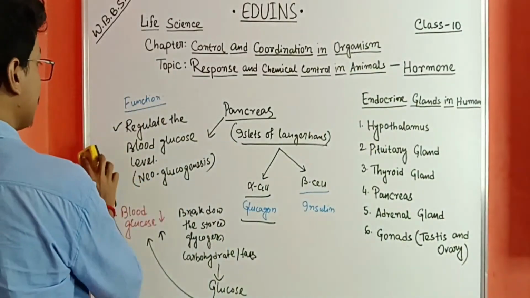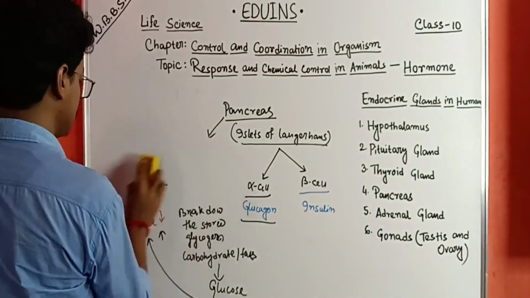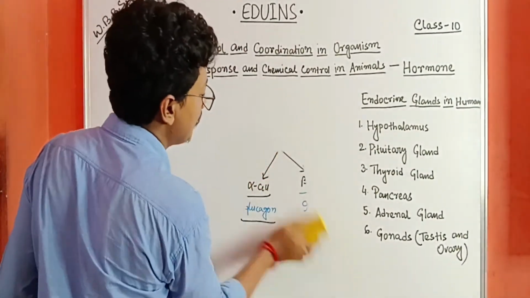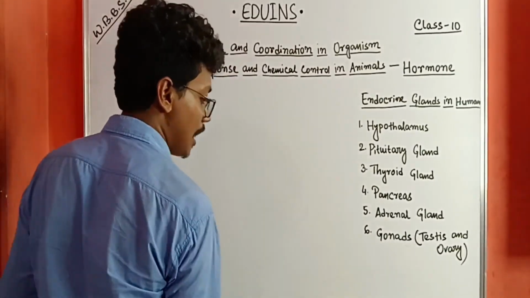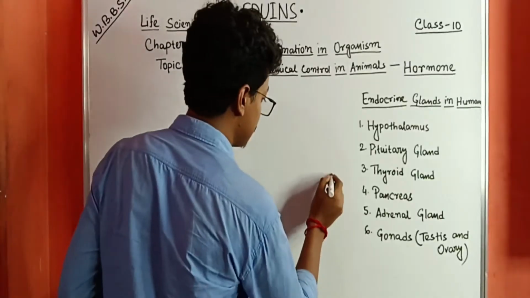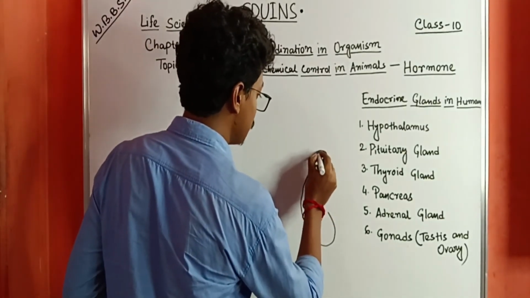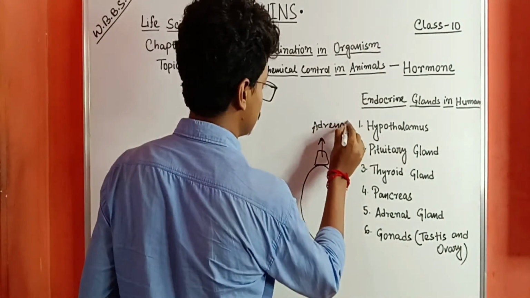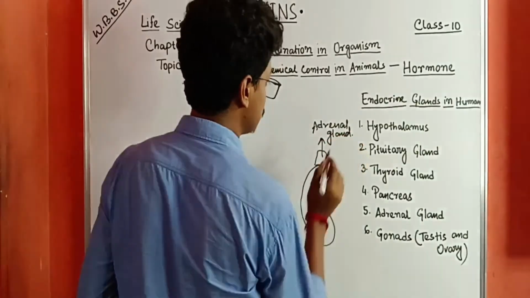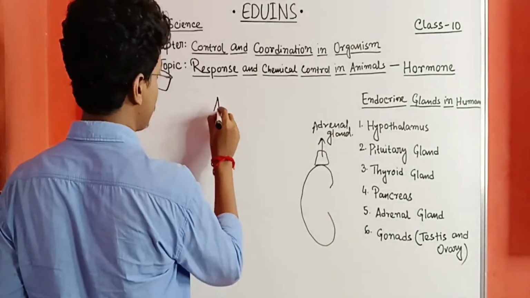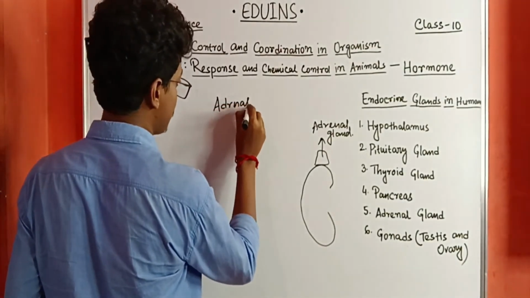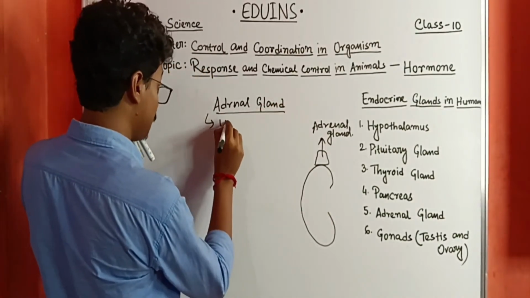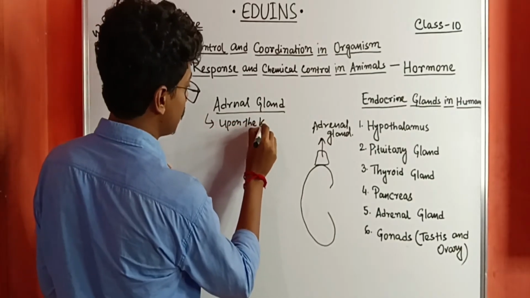The next one is the adrenal gland. We know the adrenal gland is located just on the upper side of the kidney. If here is the kidney, the adrenal gland is located like this. Adrenal gland location: upon the kidney.